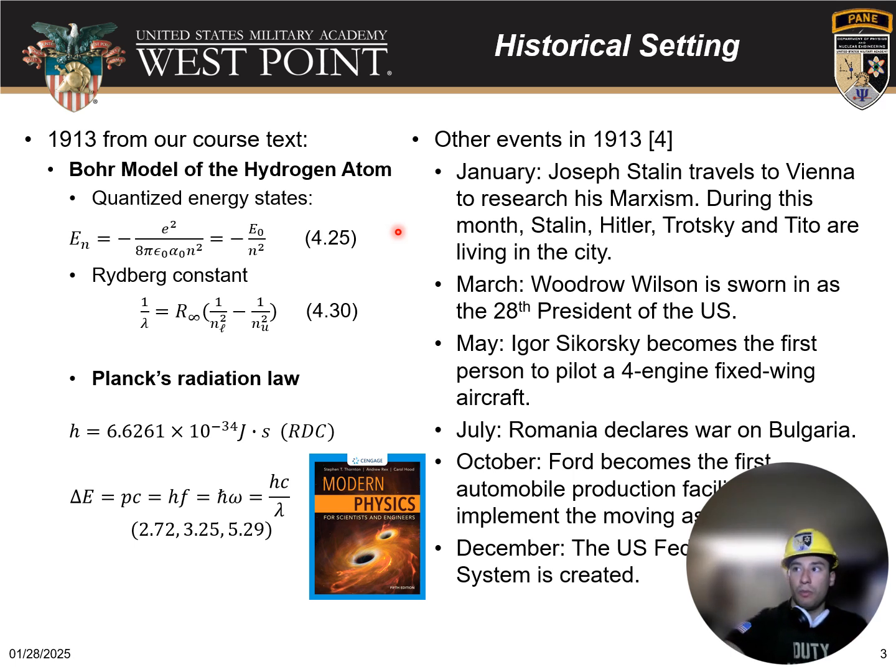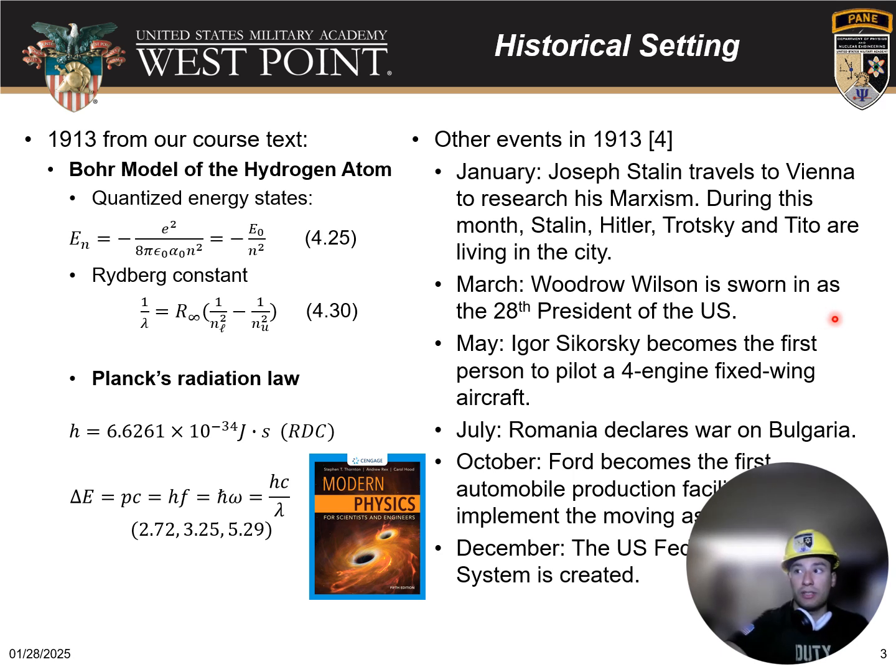To start with some historical setting of the time that Bohr worked on his atomic model, we had events that happened in 1913, which was a crazy time to be alive. It was pretty much a year before World War One. In January, Joseph Stalin traveled to Vienna, and there were some characters in this time, like Hitler and Trotsky and Tito, who would be the bad guys in World War Two. In March, Woodrow Wilson was sworn in as the 28th president of the United States.